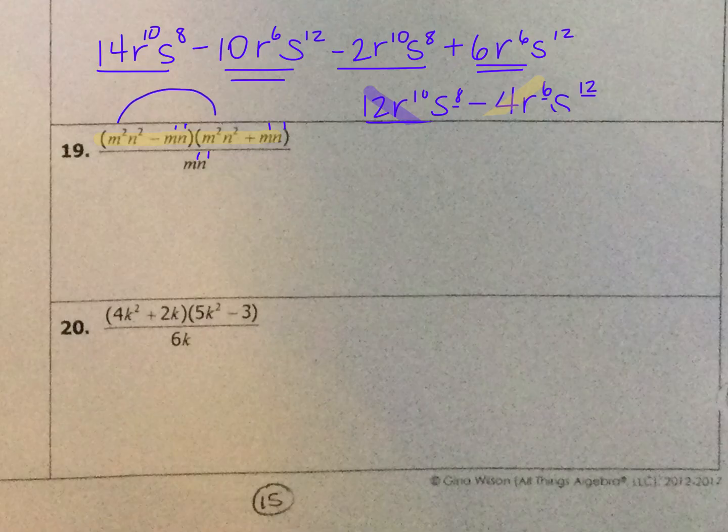So there's nothing big to multiply, so I'm just going to copy my letters, M, N, and add the littles. 2 plus 2 is 4, 2 plus 2 is 4. That's my F. O would be plus M, N. 2 plus 1 is 3, 2 plus 1 is 3.